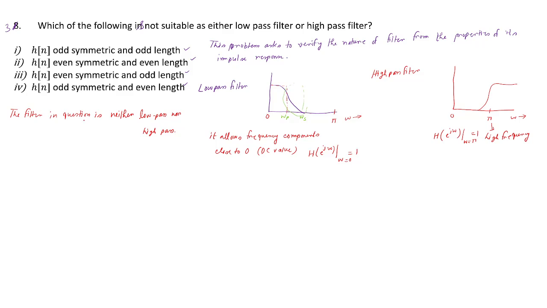So the filter in question, since it's neither high pass nor low pass, should have a frequency spectrum such that at omega equal to 0, the filter should not allow any components of the signal, that is, its spectrum is 0 at omega equal to 0, and its spectrum is also 0 at omega equal to pi.